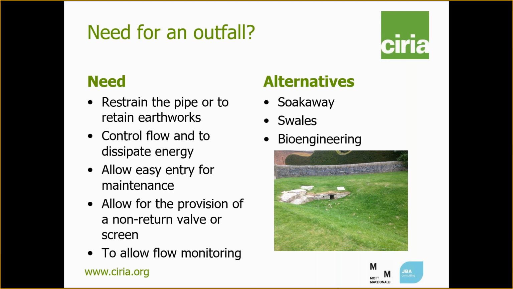You can also add a non-return valve or security screen if needed, and it does allow flow monitoring and water quality modelling. But there are alternatives to a formal structure, such as providing soakaways and swales. Get rid of the pipe, so therefore the pipe doesn't need an outlet, and also the use of bioengineering techniques.